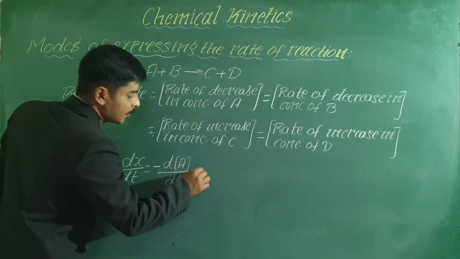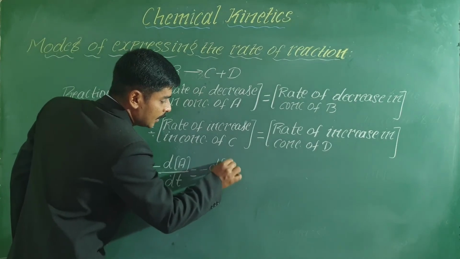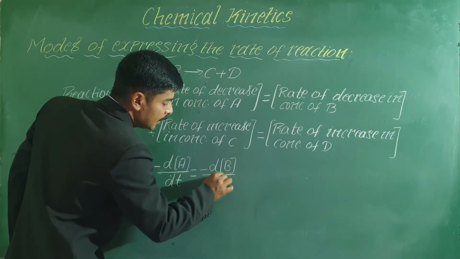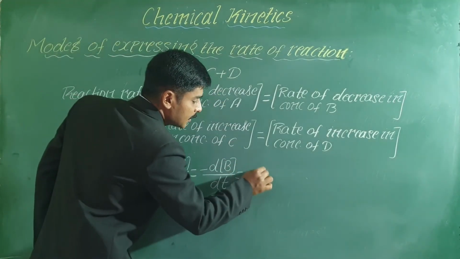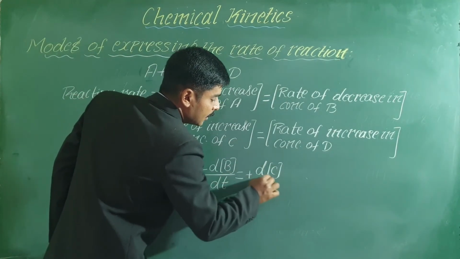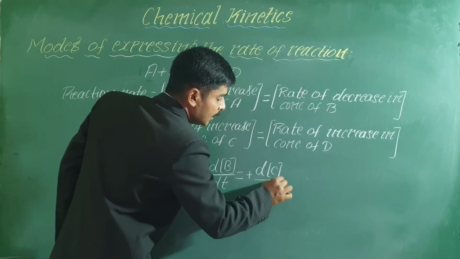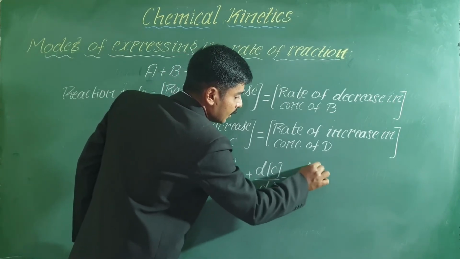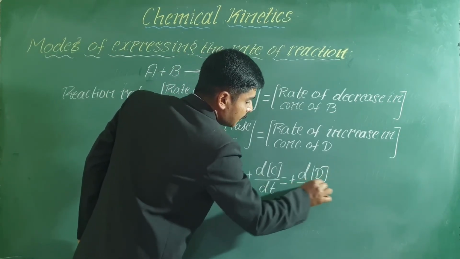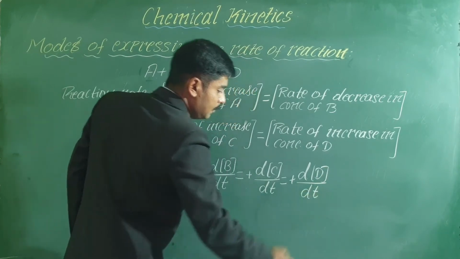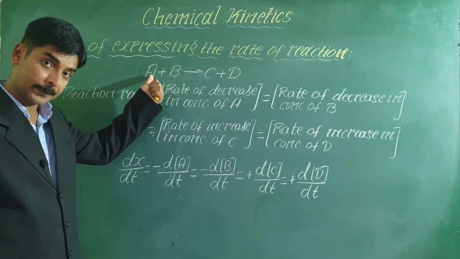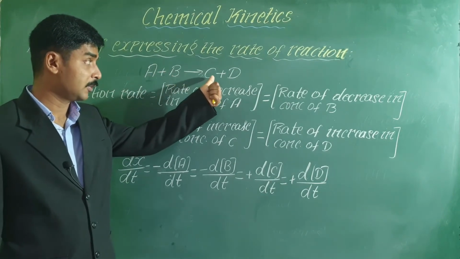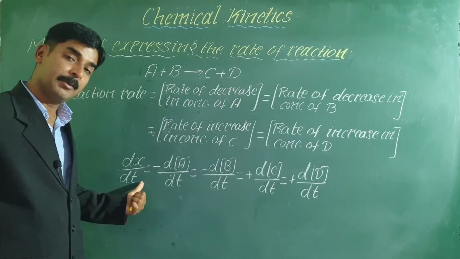With respect to B, it is minus dB by dt. For products, you must take plus dC by dt, plus dD by dt. Whether you measure the rate with respect to reactant A, or B, or C, or D, the rate will remain the same.